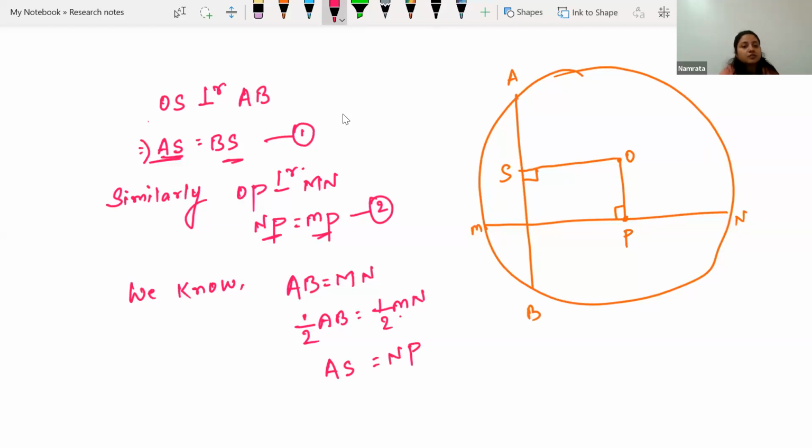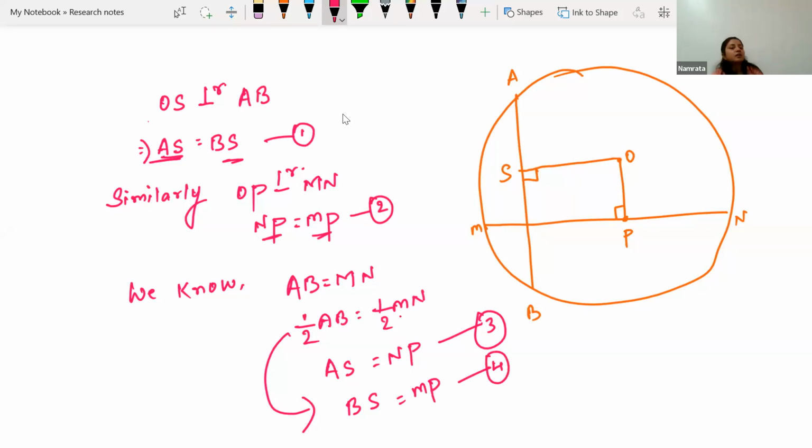This is equation number 3. Or we can also write it as half of AB means BS, and half of MN means MP. This is equation 4, or we can say all together are equal to each other. Once we are done with this one, is it clear so far?